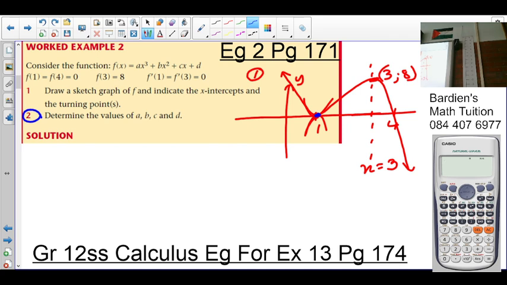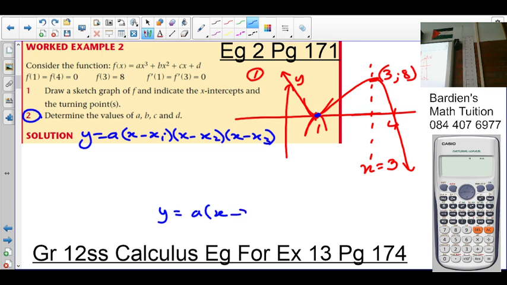You all see that? So what's my equation? y equals a into x minus x1, x minus x2, x minus x3. Otherwise, since we know that, we could have written it as y is equal to a into x minus x1 squared into x minus x2. That's the same thing that we could have written there, squared because this is a double solution there. You guys understand? So let's cover that.